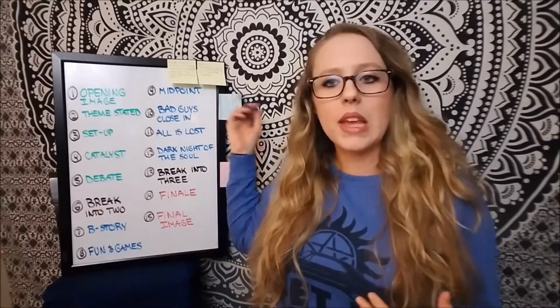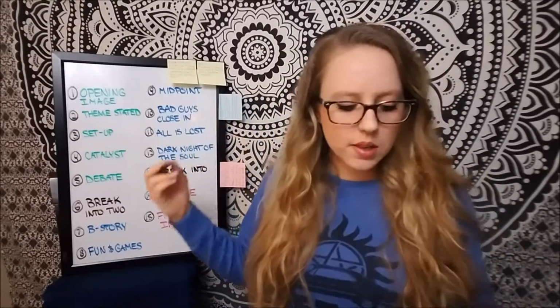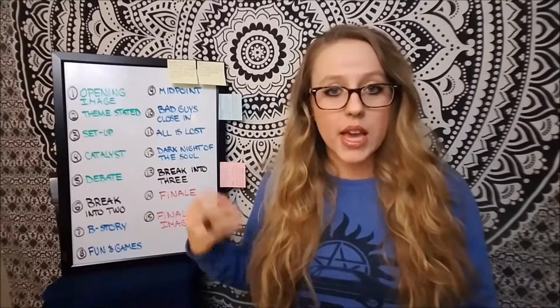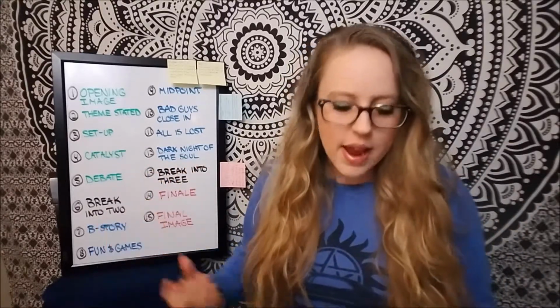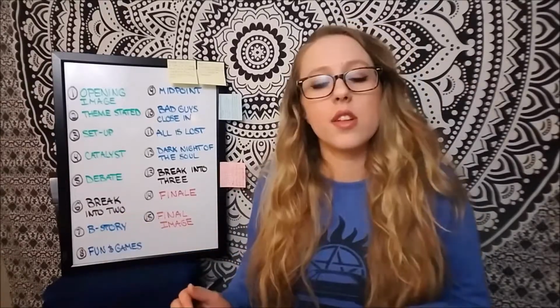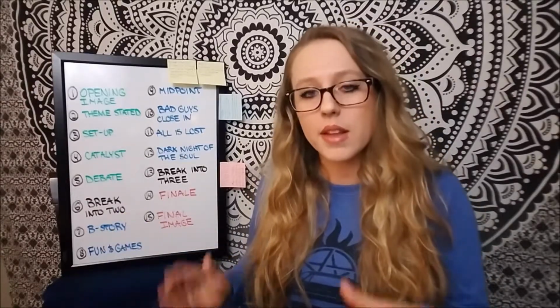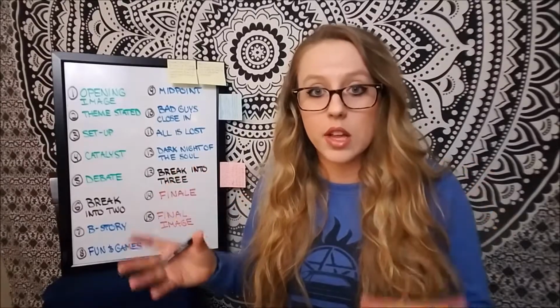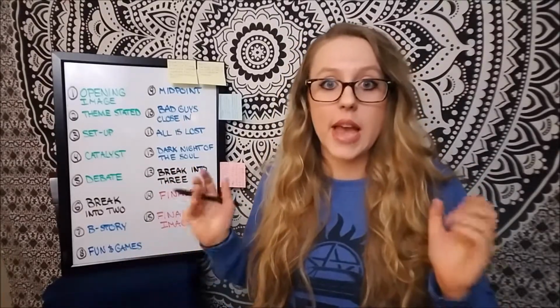So the next plot beat is the midpoint, and this is the point in which stories A and B should cross, and there should be some sort of false victory or false defeat. This is also a point in which the stakes are raised and the pacing is accelerated. Things are really starting to happen now.